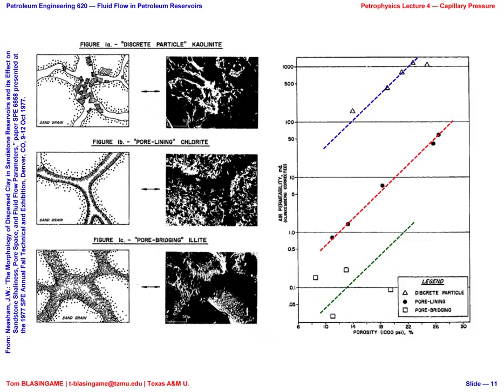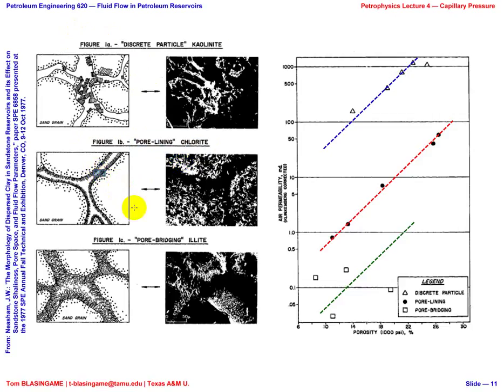Now the Excel files that I include, this is Neesham's work, and Neesham shows the effect of different clays. Clays are materials that precipitate inside the pores. You can have discrete particle kaolinite, which is a certain kind of chemical compound, and you can have pore lining chlorite, which is another kind of chemical compound.